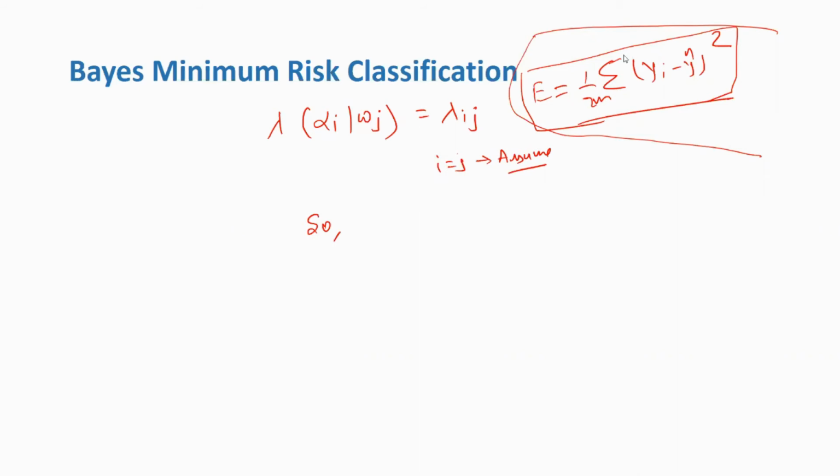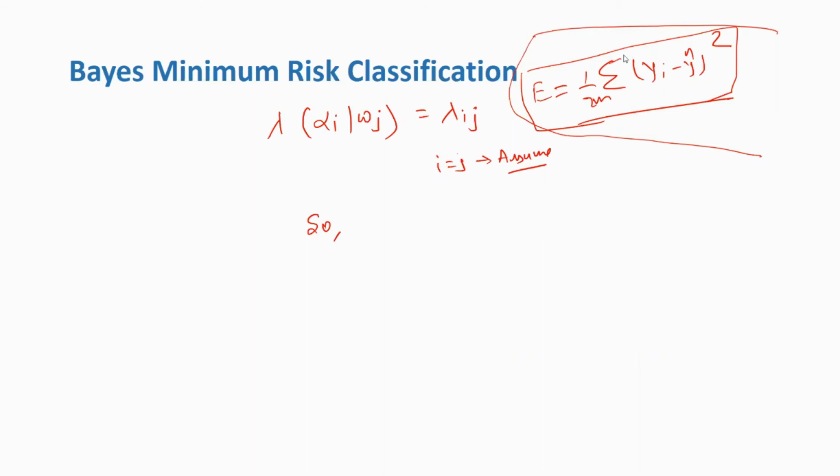With respect to different parameters, we have to differentiate the error. When we talk about the error, we have to take some error function as well. The error will not be a single error; it will be defined by some function.